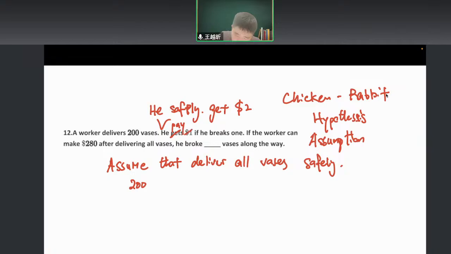So if he delivers all the vessels safely, how much money can he get?